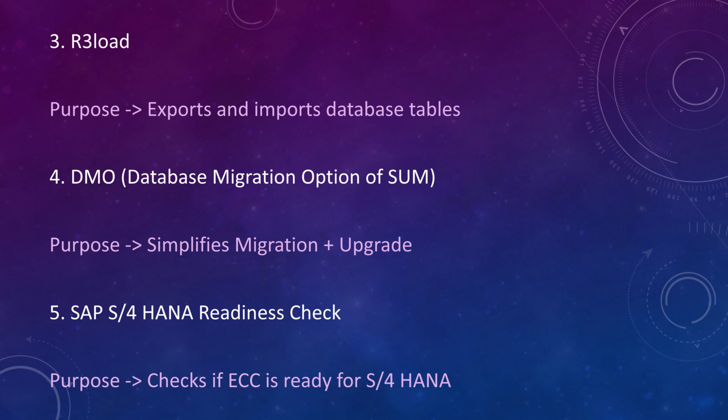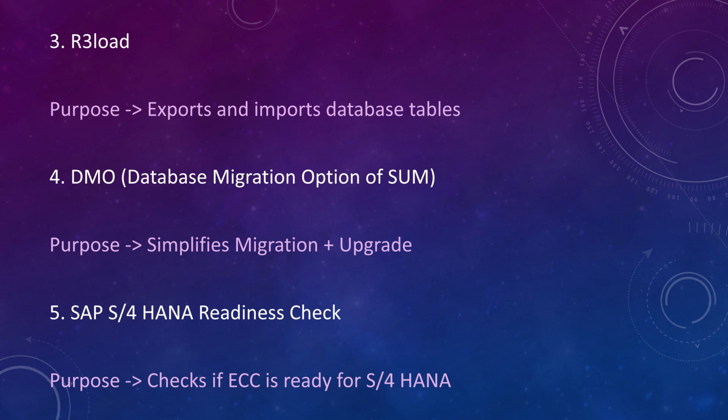Third is R3 Load. This tool is used to export and import database tables during the migration process. It helps transfer all the data from the old system to the new system. Then fourth is DMO, which stands for Database Migration Option.